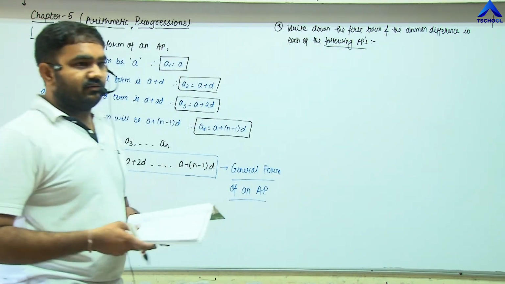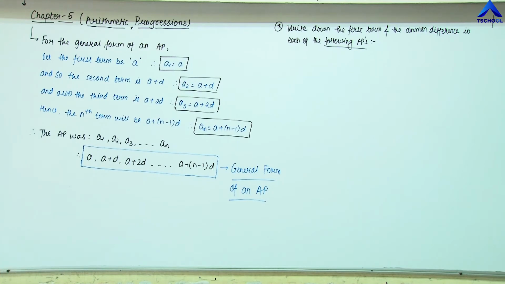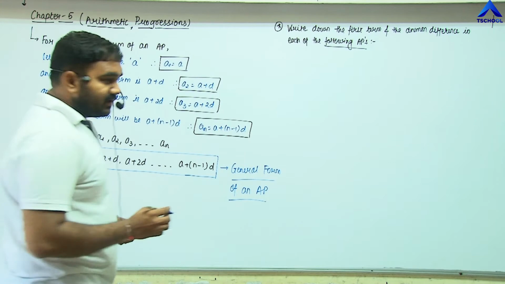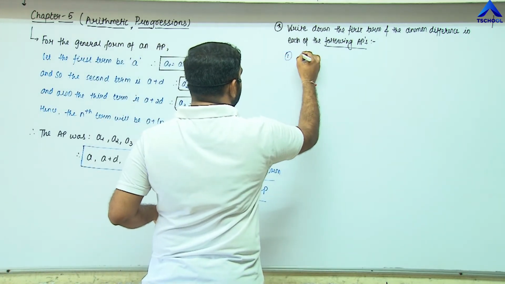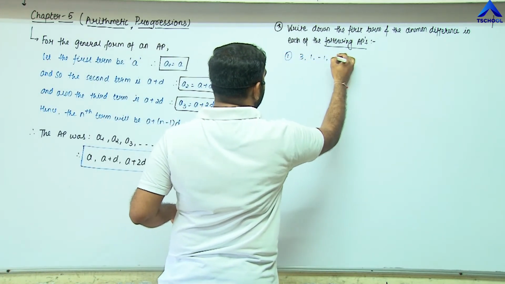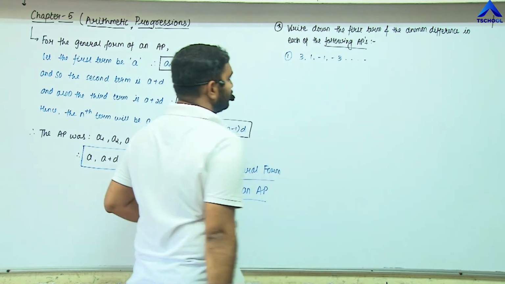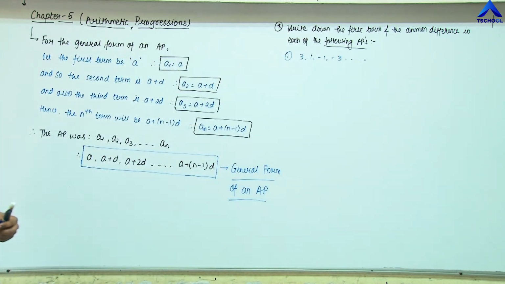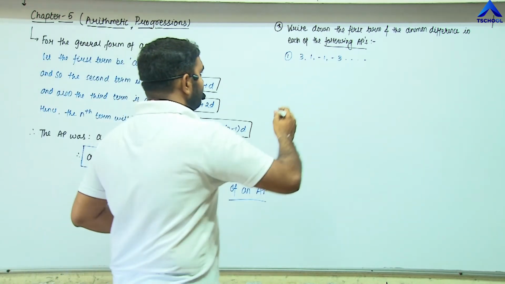We need to find out the first term and the common difference for each of the following APs. The first one I am having here is 3, 1, minus 1, minus 3 and so on. So the first list of numbers here with me is 3, 1, minus 1, minus 3, and I want to write down the first term.